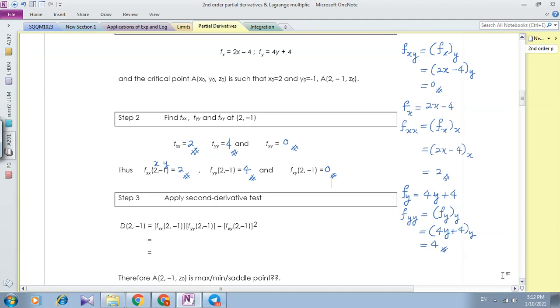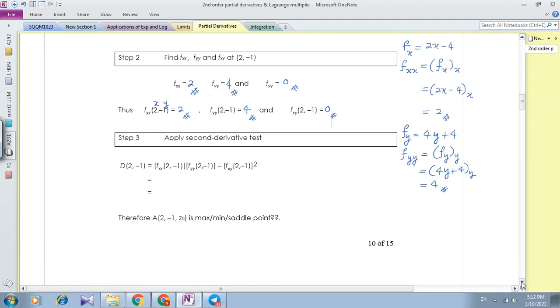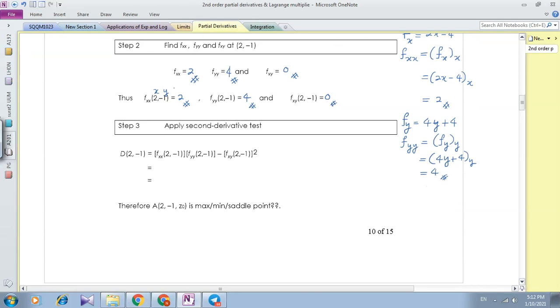Then apply the second derivative test. This is from the formula given at the top.